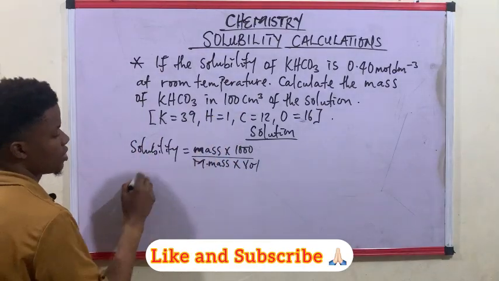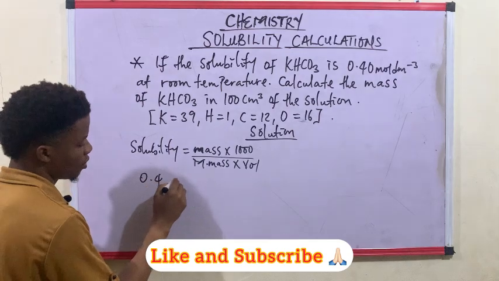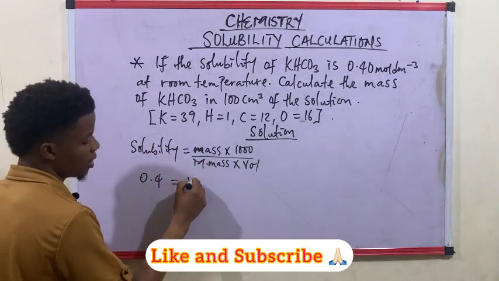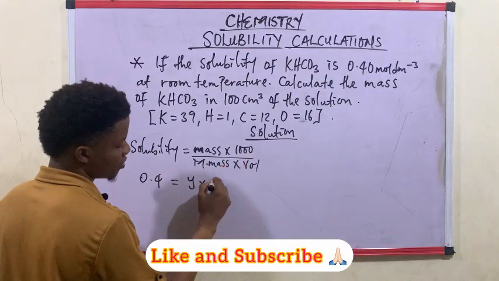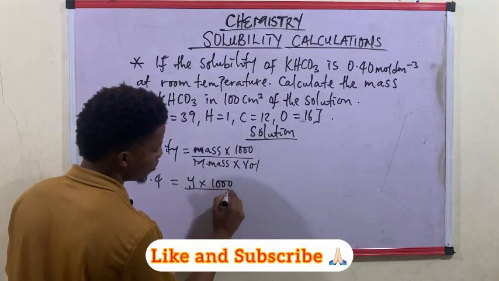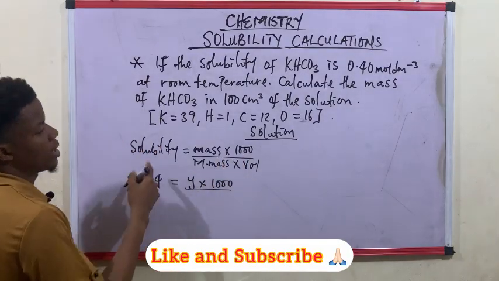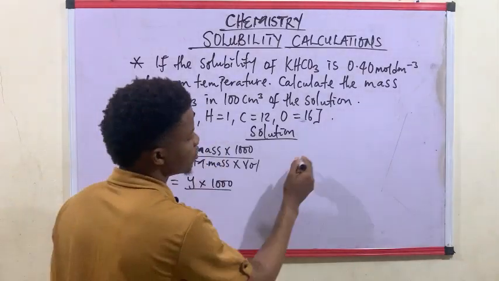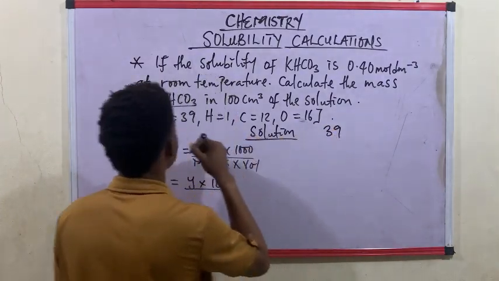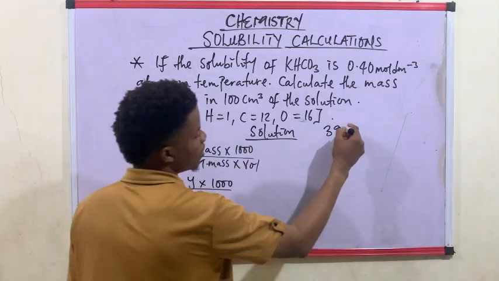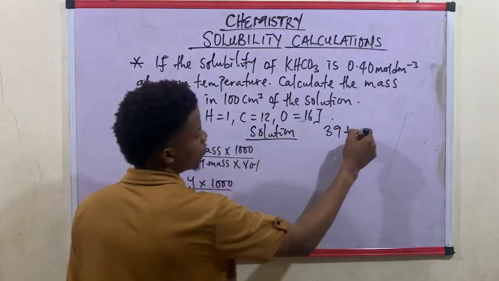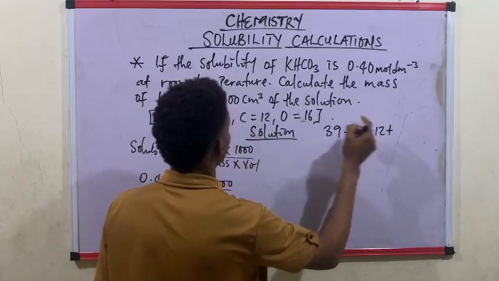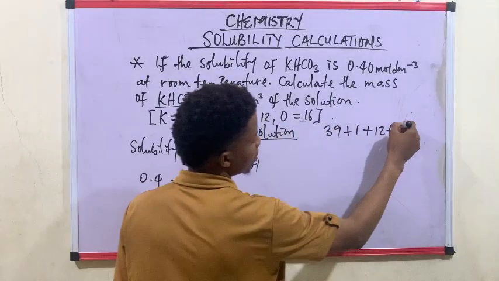So what's our solubility? 0.4 is equal to, what's our mass? That's what we are looking for. We'll call it y times 1000 all over molar mass. Now let's solve for the molar mass of KHCO3. We have K potassium 39 plus hydrogen 1 plus carbon 12 plus oxygen 16.